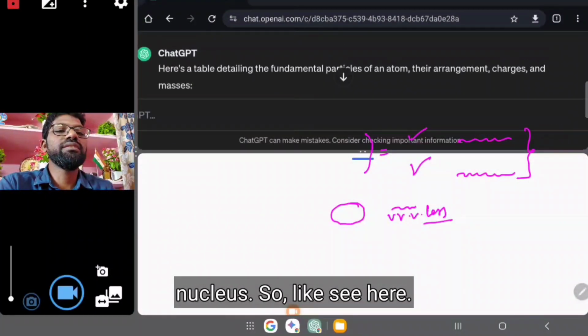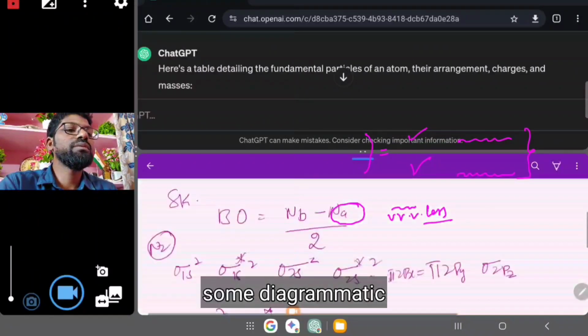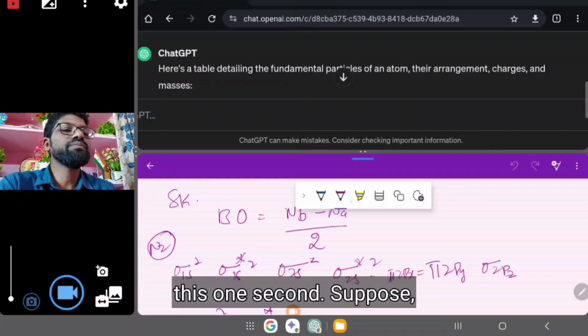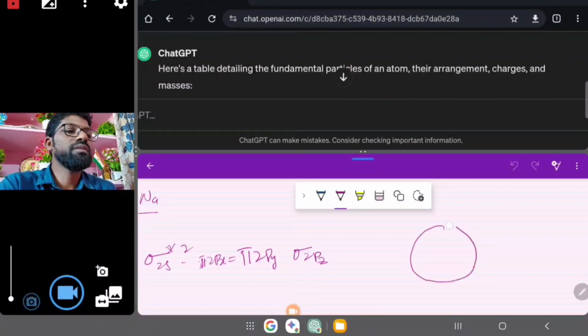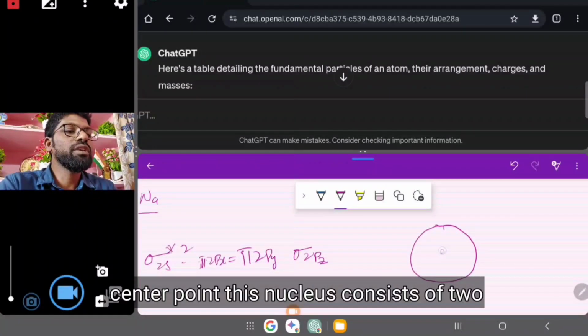I will show you a diagrammatic representation of this. Suppose this is an atom, and this is the nucleus, the center point.